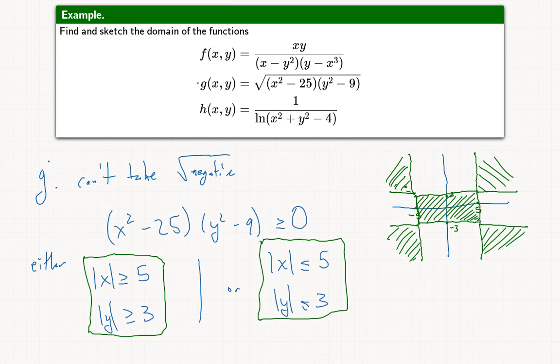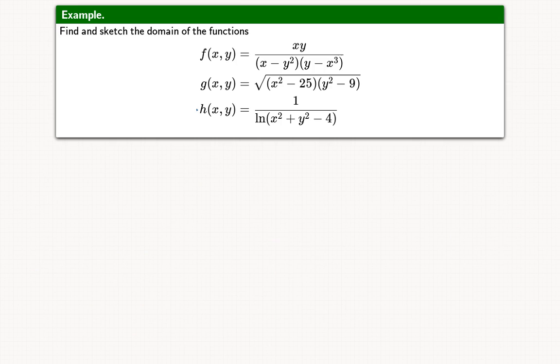All right, now let's do finally h. So for h of x, y, we can't take ln of a non-positive number, and we also can't divide by 0.